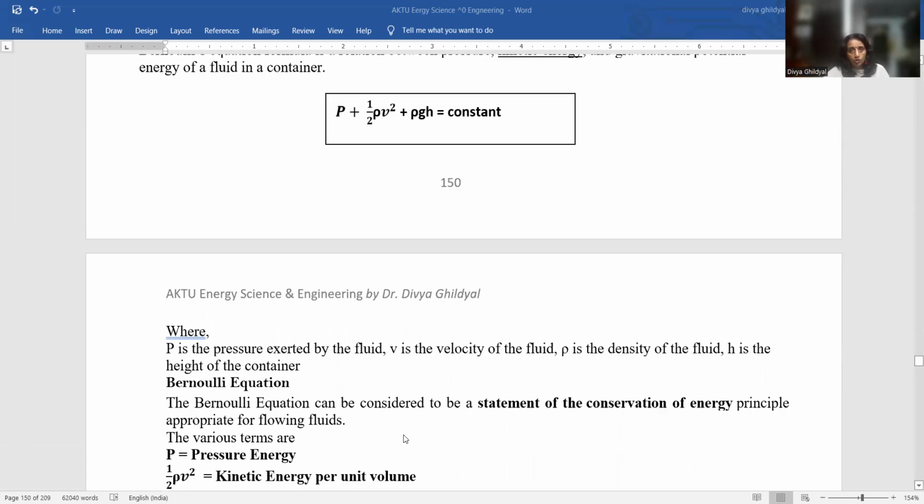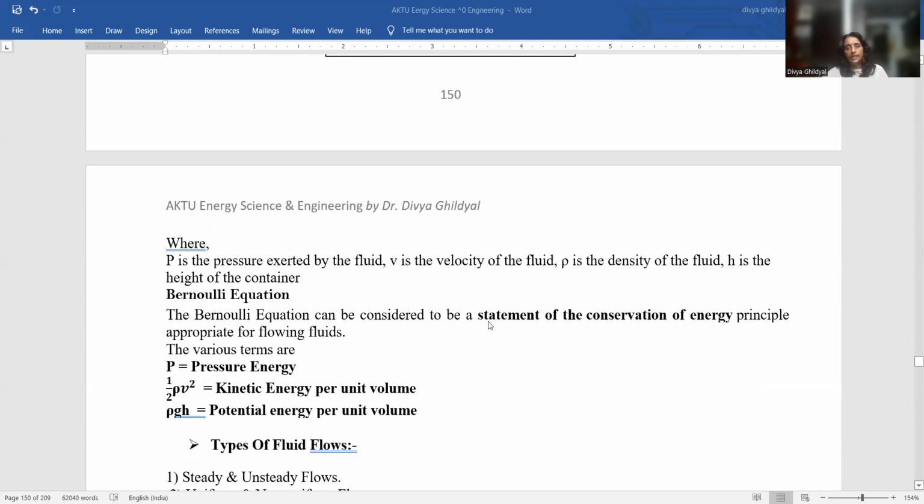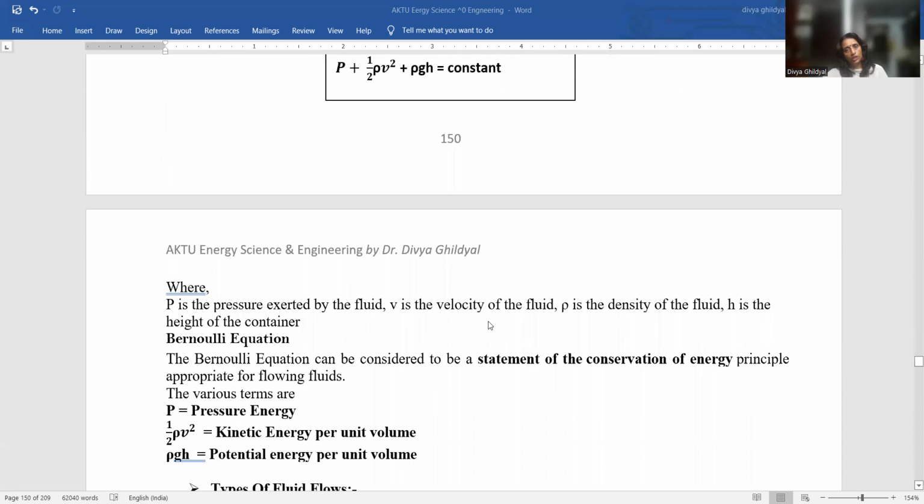And also P here represents pressure energy, half rho v square represents kinetic energy per unit volume, because kinetic energy is half m v square, and mass is volume into density. I am writing kinetic energy per unit volume. Rho gh, potential energy per unit volume.